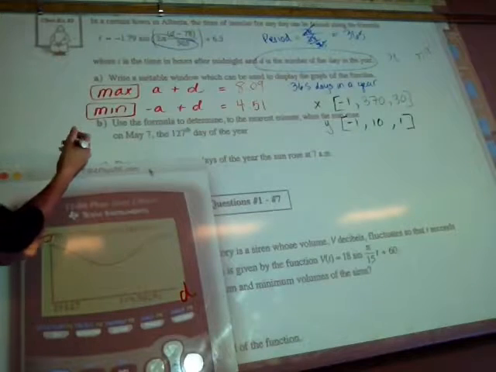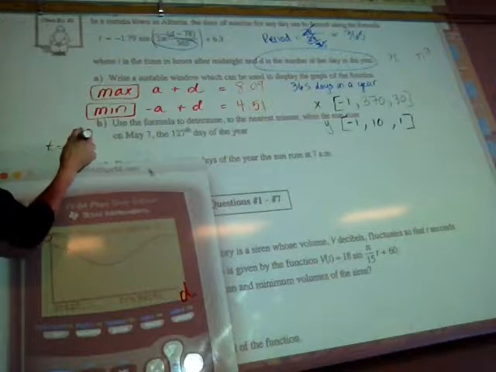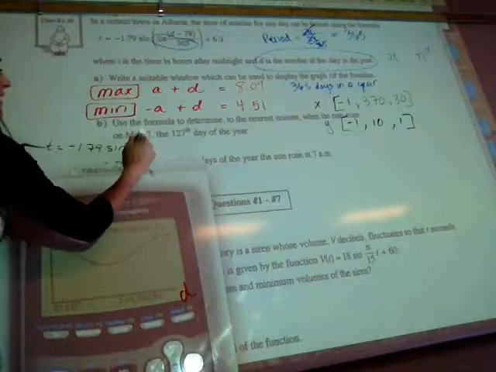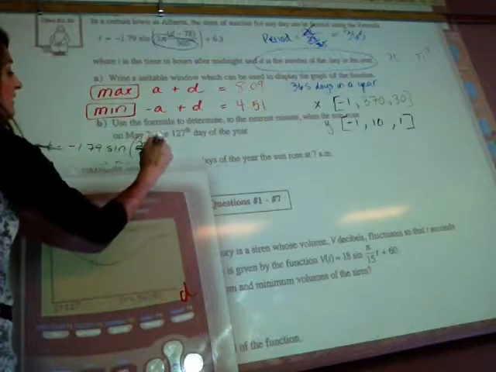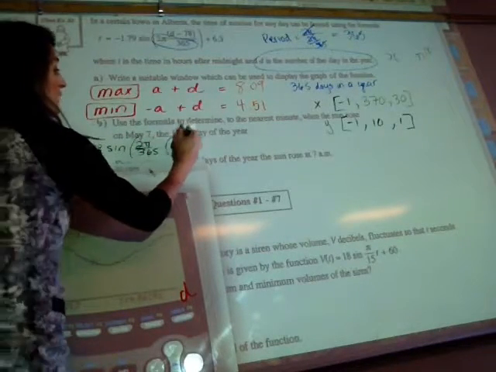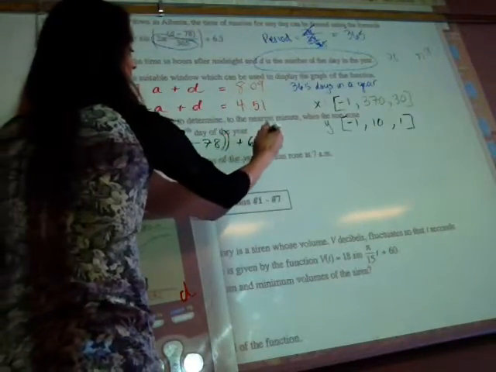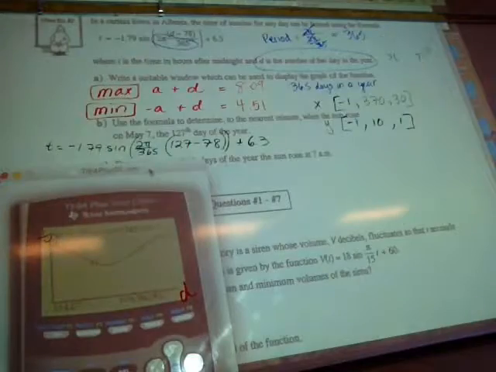So there's two ways we could have done this. We could have gone t equals -1.79 sine 2 pi over 365 times 127 minus 78 plus 6.3. You could have just put that in your calculator. Or like we did here, we traced it.